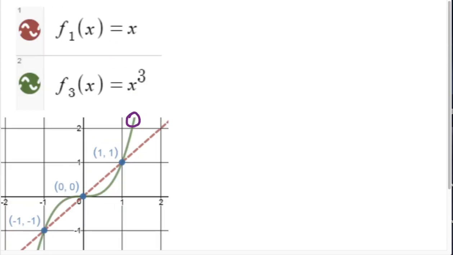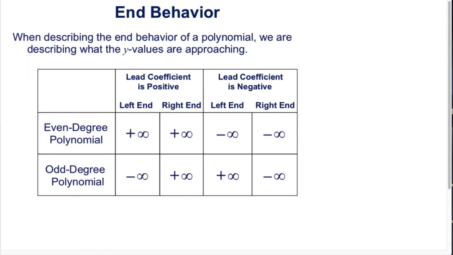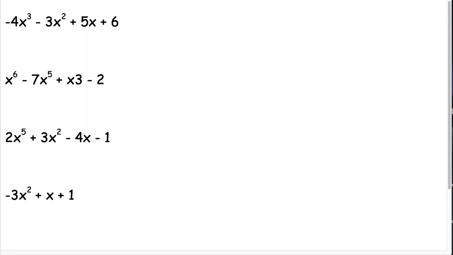All right, now let's talk a little bit about this table. This table is broken down into identifying what an even degree would be and what an odd degree would be. Not only that, they also talk about the leading coefficient. If you don't remember what the leading coefficient is, let's look at different polynomial expressions.